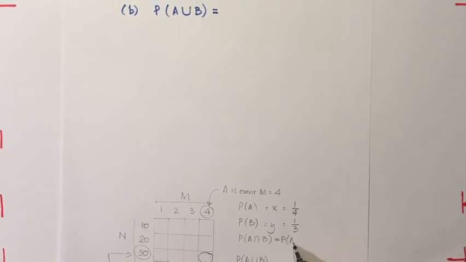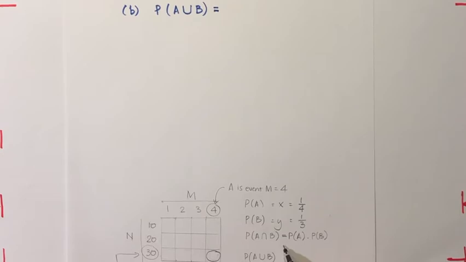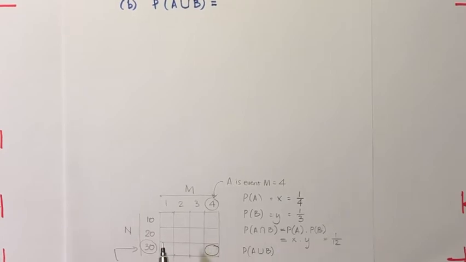But more formally, we can write this as the probability of A times the probability of B, right? And that's X times Y. And this happens to be, in our example, 1/12. We can also see from this grid that it's obviously 1 out of 12.